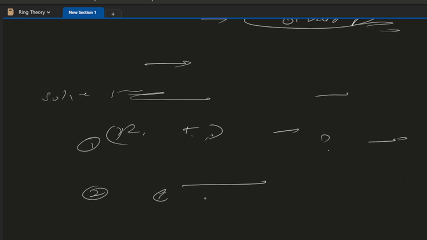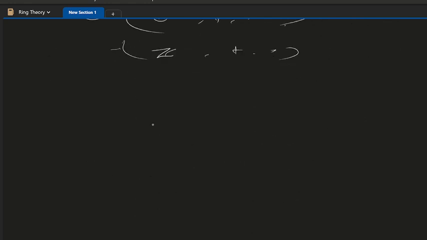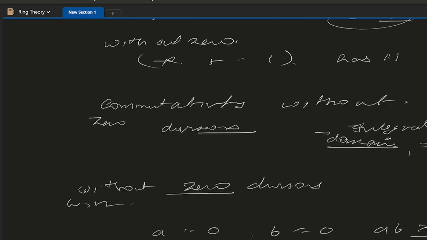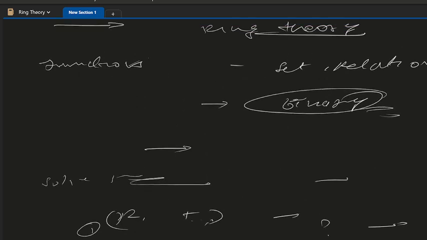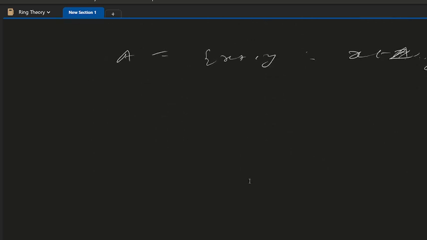The set C of complex numbers, or the set Z of integers, or a different set where a equals x plus iota y, such that x belongs to Z and y belongs to Z. Okay, so we have studied two examples. The task is to find out and read.